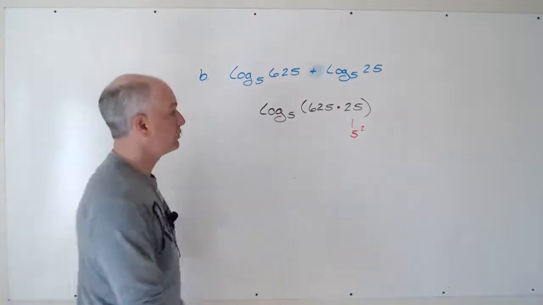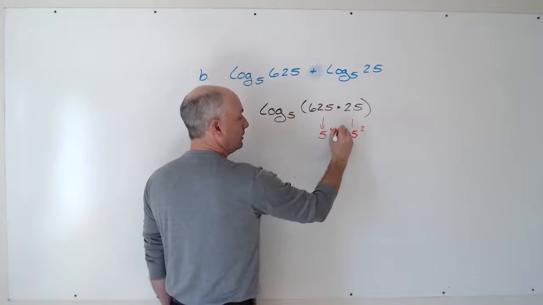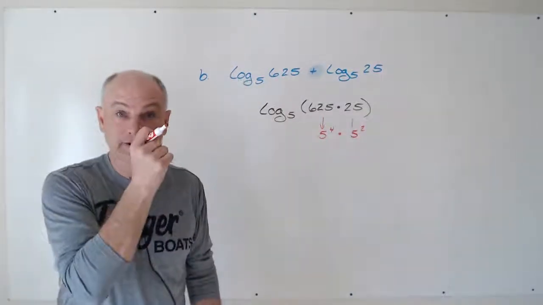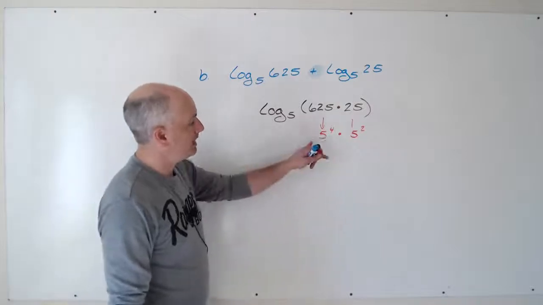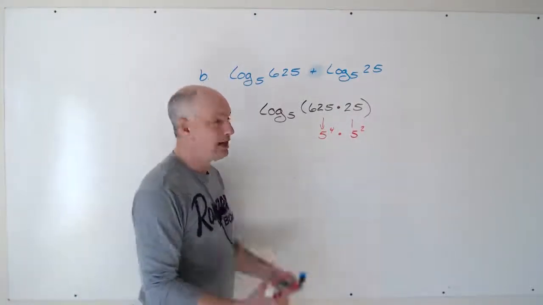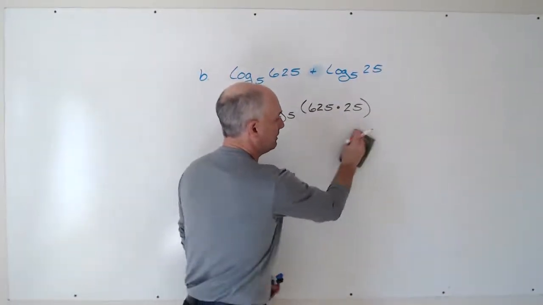Well, 625, that would be 5 to the fourth power. 625 is 25 times 25. So notice that if I do this little intermediate work, I might want to do that off to the side just so I don't make a lot of mess in my problem.